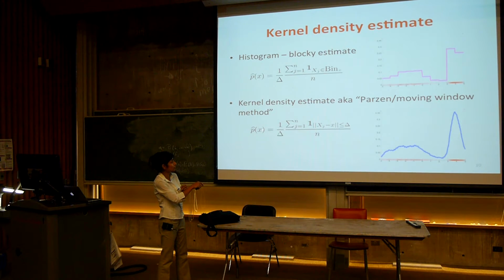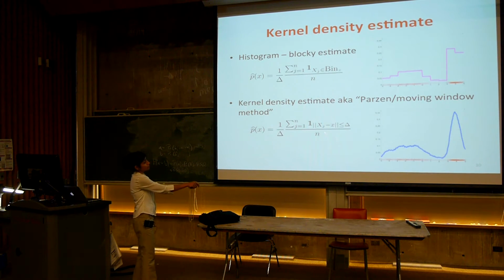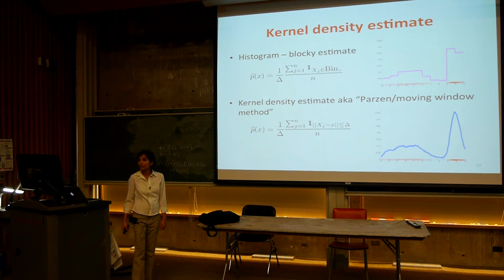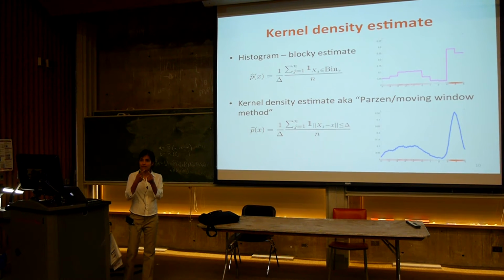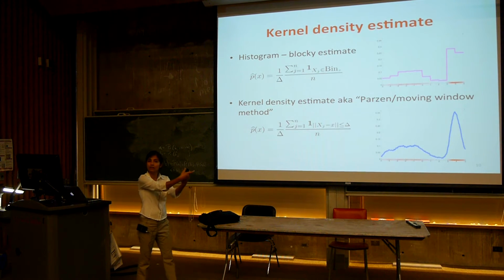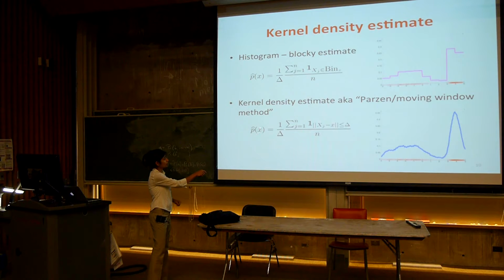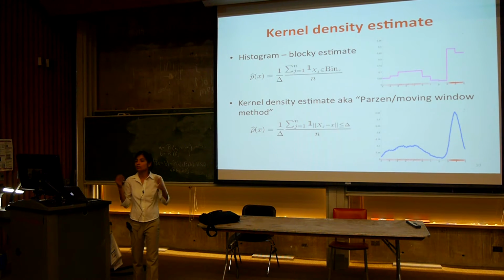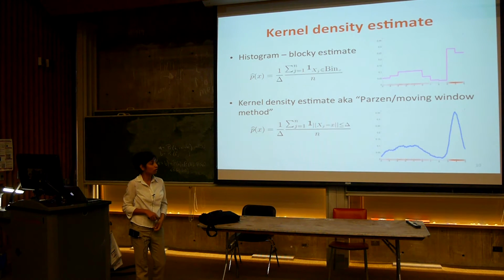So if we want to estimate the density at x, this is the point x, we'll put a bin of width delta around it, so minus delta by 2 to delta by 2 around it. And then we'll just count how many training points lie in that bin, divided by n. So it's again a relative frequency estimate, except that the bin is now moving along with your point x, instead of being pre-specified into non-overlapping partitions.